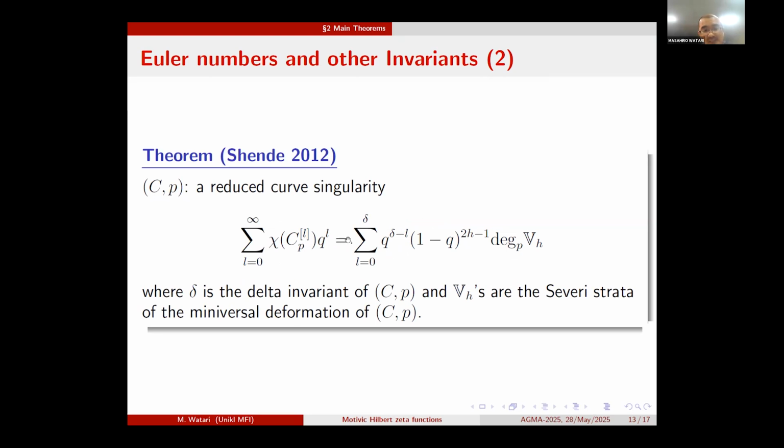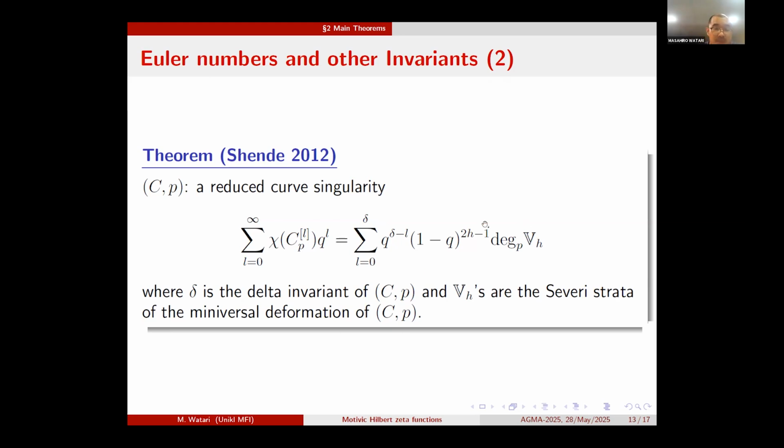And also, regarding the generating function of Euler numbers, it is expressed in this way. This is the relation between Euler numbers and deformation theory, where on the right-hand side, the V_h's are several strata of the universal deformation of the given singularity, and delta is the delta invariant of the singularity. So the generating function of Euler numbers of punctual Hilbert schemes is related to deformation theory.